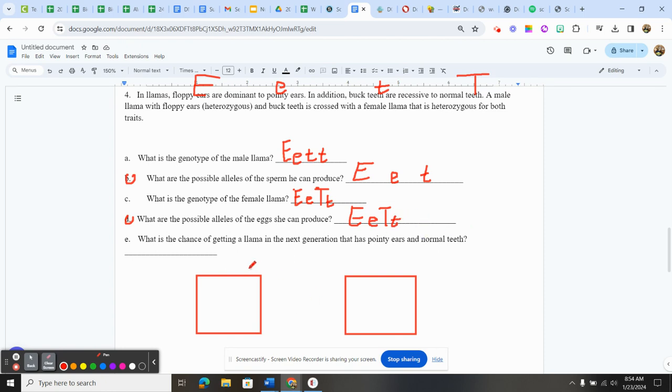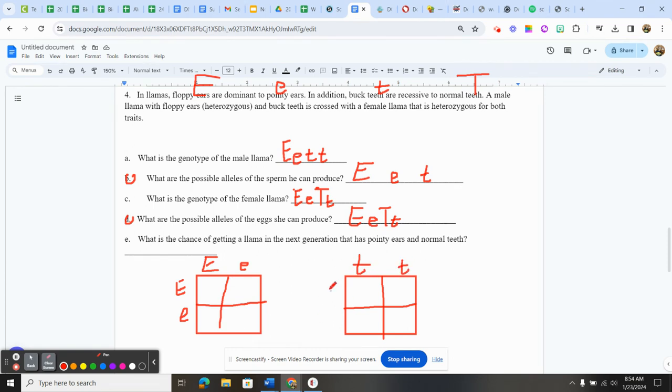Okay? So now what's our next step? What do we have to do? Right. So we have to put the E's in one Punnett square and then just the T's in another Punnett square. I'm just going to do that really quick. It is really hard to draw with my mouse. Or maybe I'm just an idiot. I don't know. Okay. And then do one for the T's.